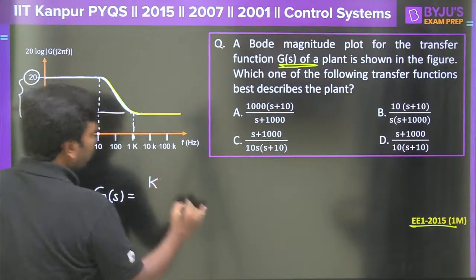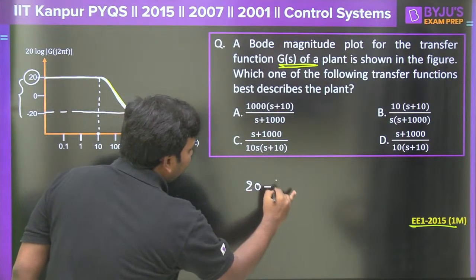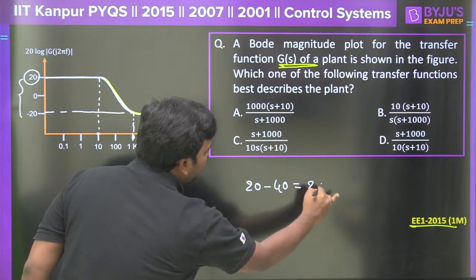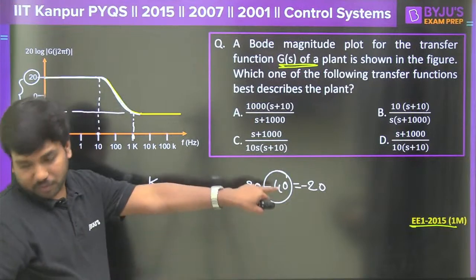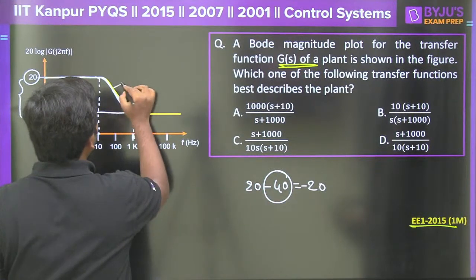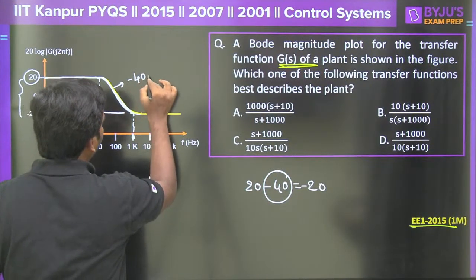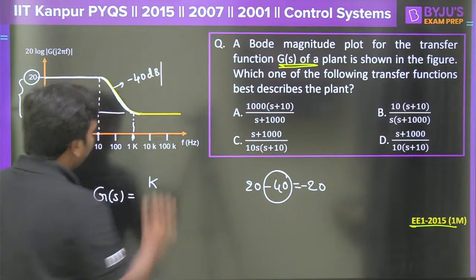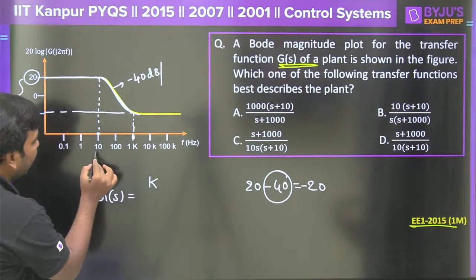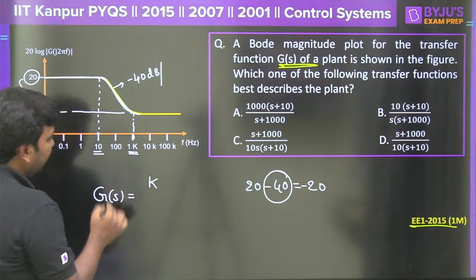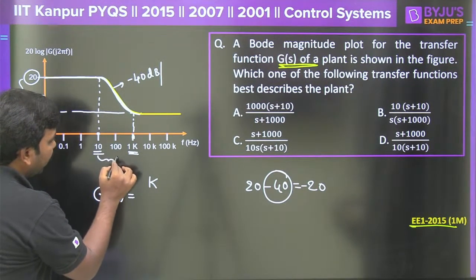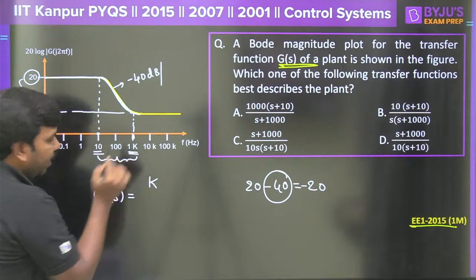So that means for 20, if you add minus 40, then only you are going to get minus 20, isn't it? Adding minus 40 means it is a loss of 40, right? So this must be written as minus 40 dB, but how many decades here? At 10 you have 20, and at 1k, from 10 to 100 is 1 decade, and from 100 to 1k it is 2 decades, right?